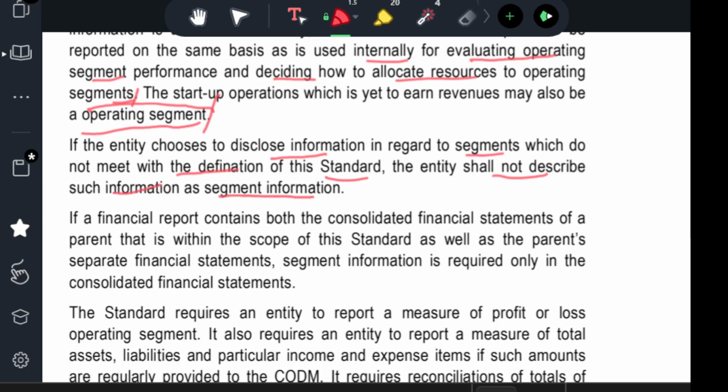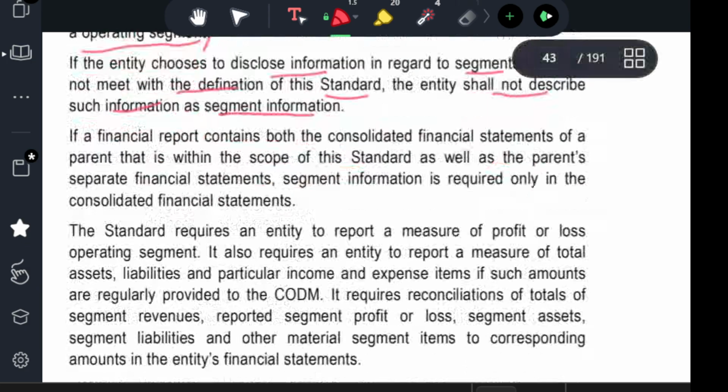So if they want to show some segment that doesn't fit the description of an operating segment, that is, it doesn't have any income, it doesn't get any money out of it, and it is not a startup, then it's not even a segment. If the organization thinks it is a segment, they don't need to bring it into the definition of segment.